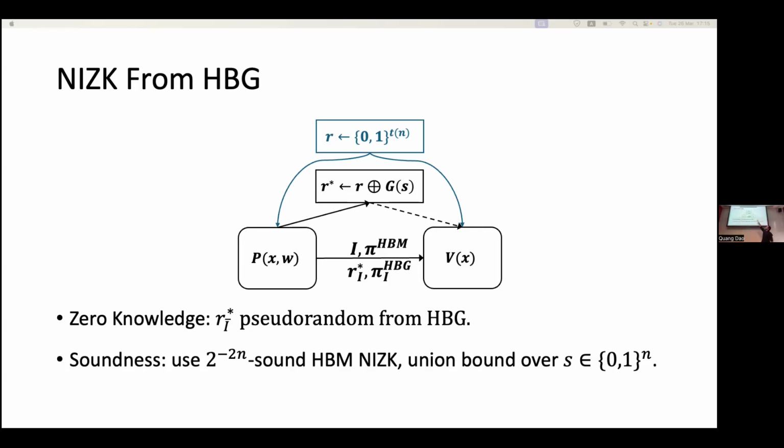Now the size of the CRS will grow, but we don't care because it's just a PRG, right? So instead of a PRG from n bits to n to the 7, we will have n bits to n to the power of 10. It's still n bits, the size of the seed. And once we make the HBM NIZK sound enough, we can take a union bound over all the choices of the seed, because the seed is small compared to the soundness.